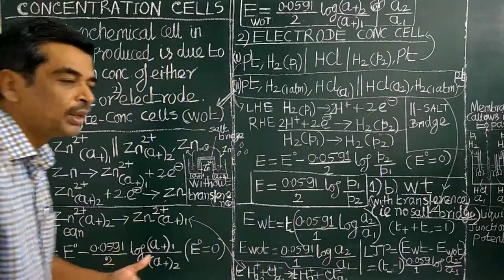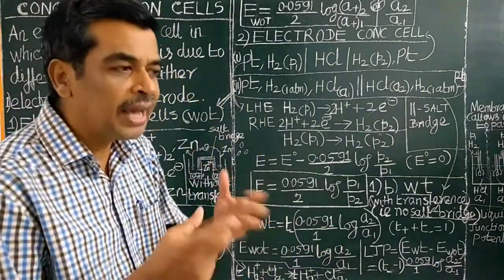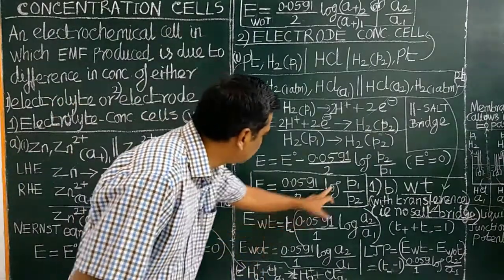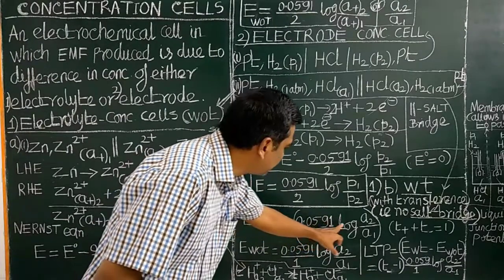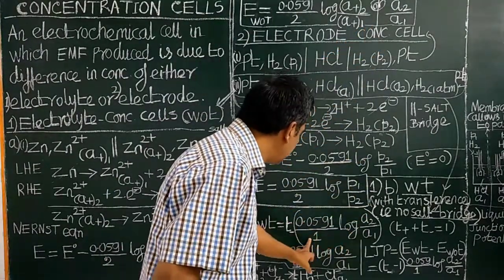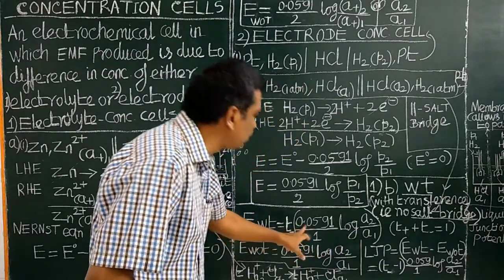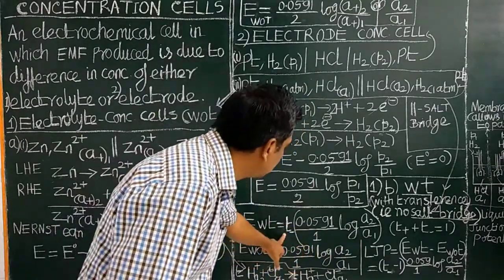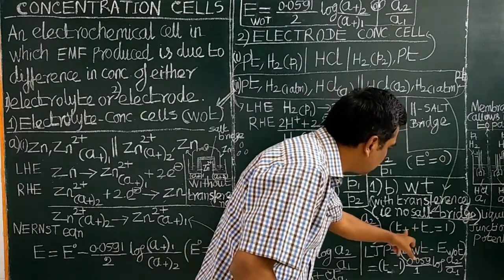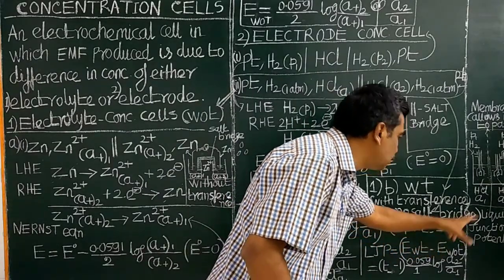What is transport number? It is the fraction of the current carried by the ion. Therefore, the formula is the same thing, 0.0591 log A2 by A1, and here 1 minus the transport number of the anion, Cl minus, and this is the transport number of the cation. The sum of the transport numbers is equal to 1.